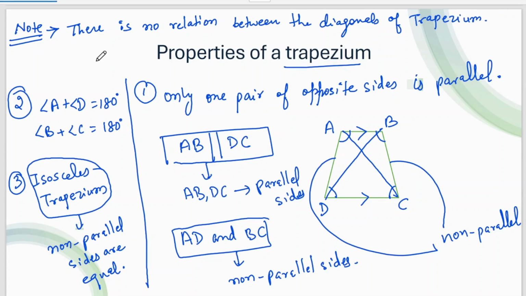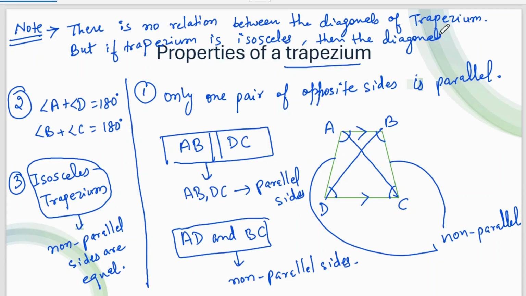But if the trapezium is isosceles, then its diagonals are equal.